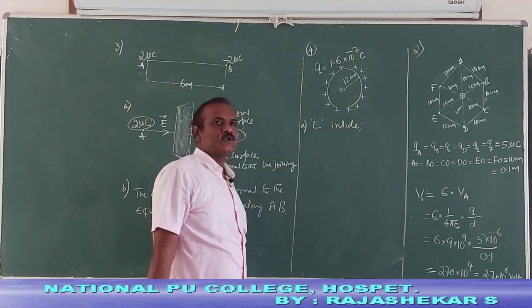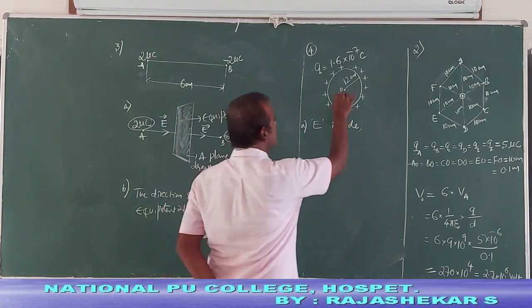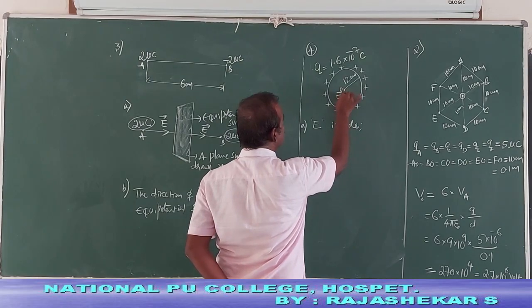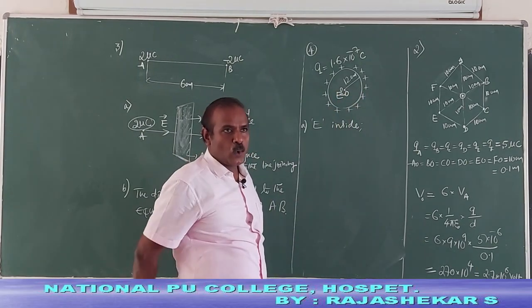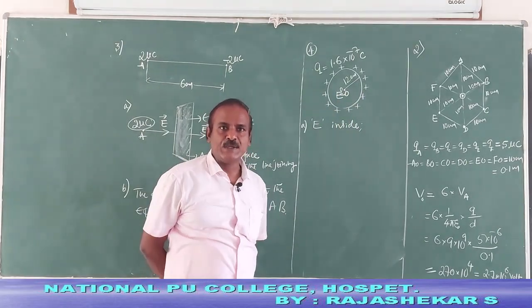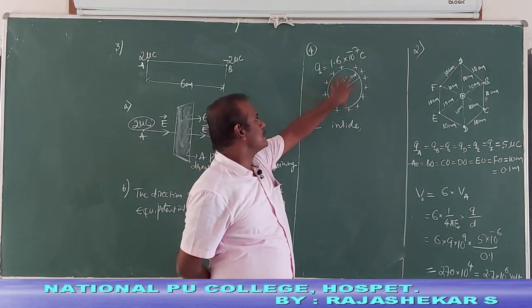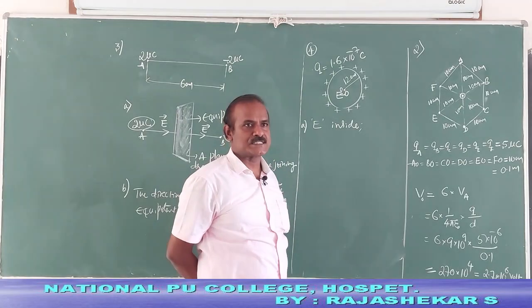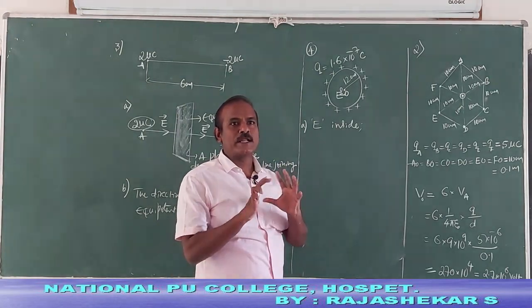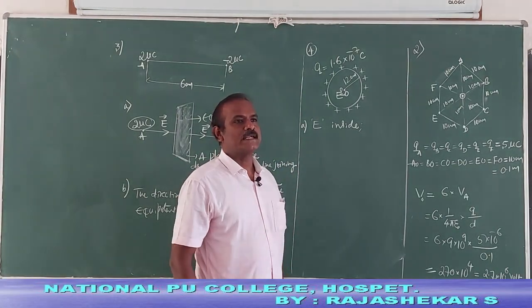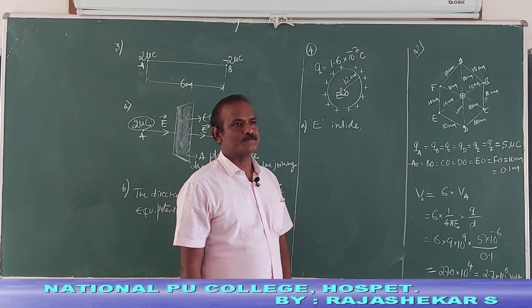Well students, you know that the electric field inside a charged spherical conductor is 0. This is well known and proved mathematically using Gauss's theorem, because at any point inside, if you draw a Gaussian surface, the surface does not enclose any charge, therefore the electric field inside is 0.